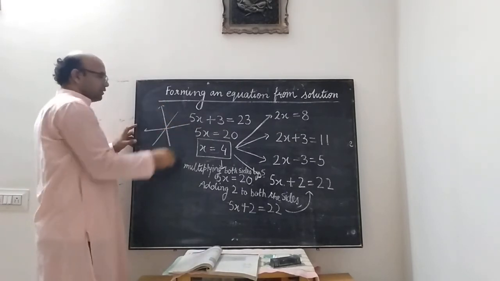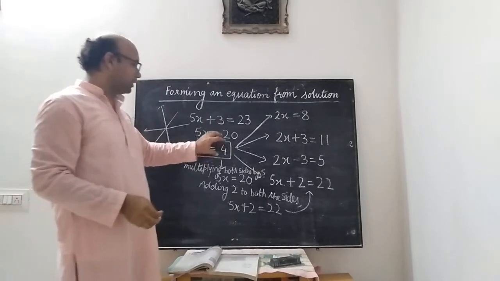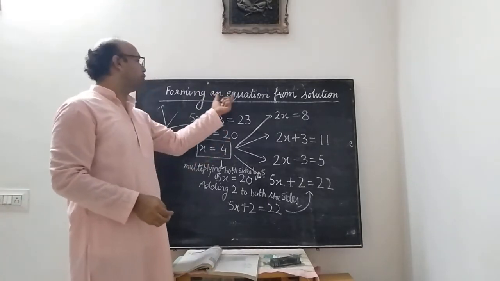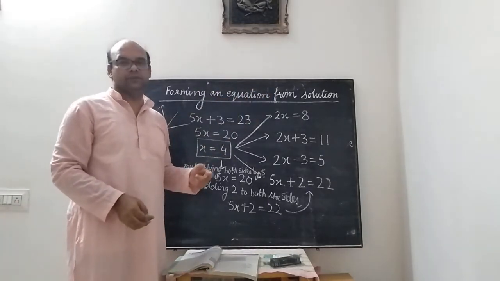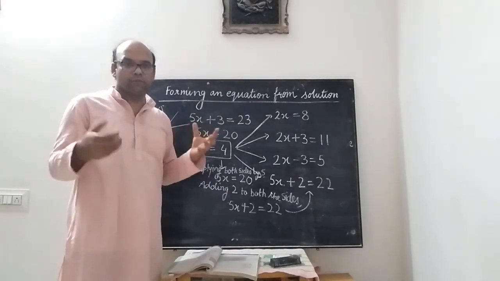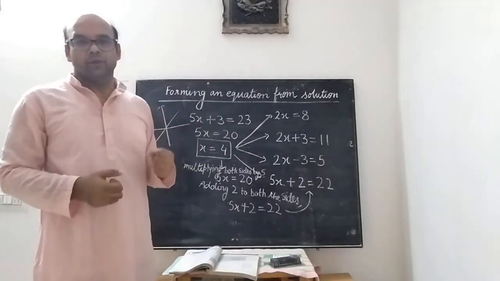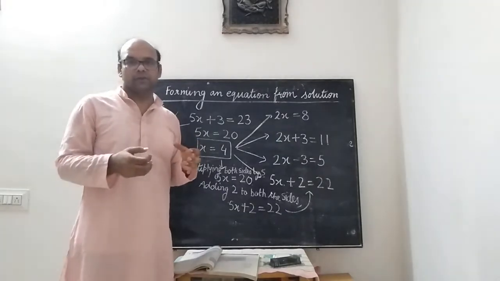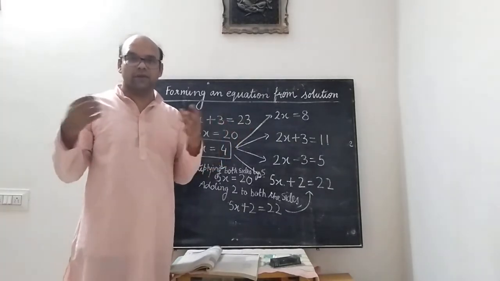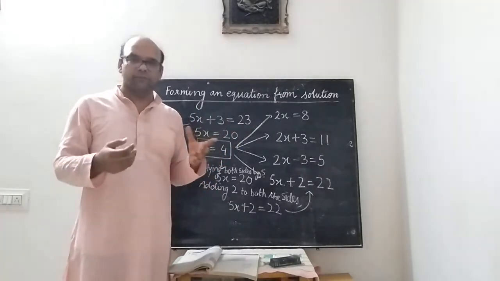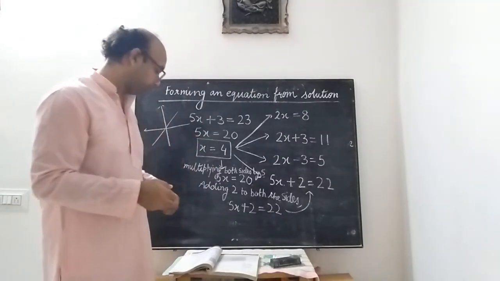So that is how the concept of forming an equation from solution is so much into the hands of the child, where he or she can use his or her imagination to form any equation.